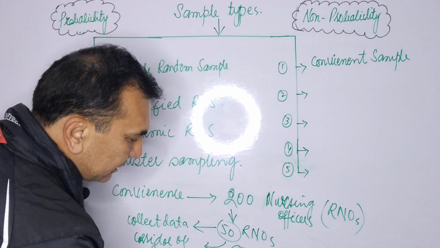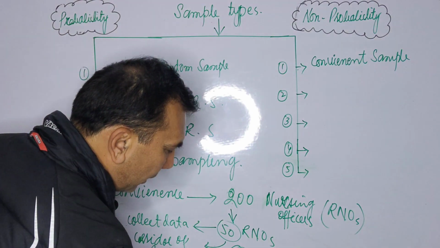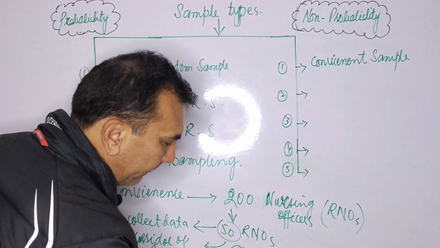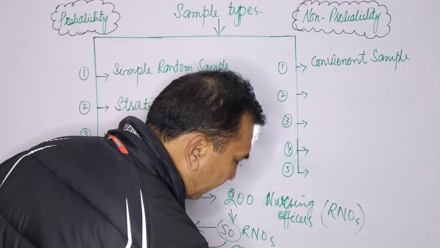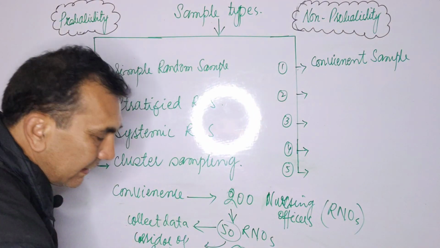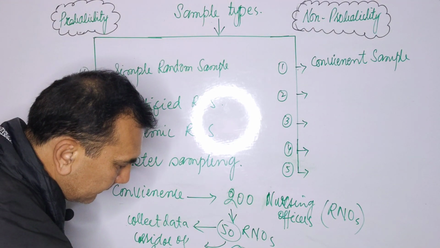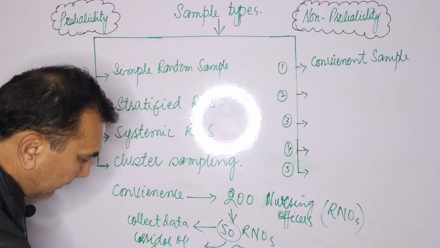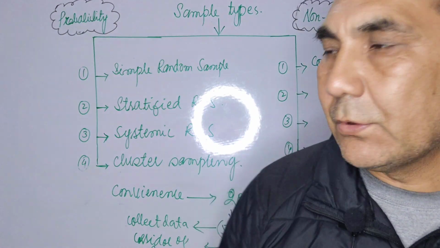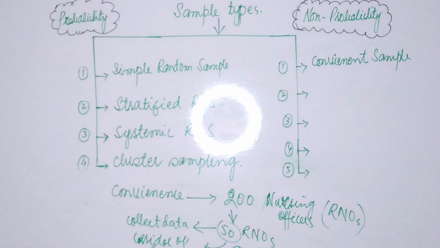Now when he reached the general ward, the medical ward on the first floor, he again faced 100 RNOs, and he collected the information from these RNOs, whom he met at the medical ward on the first floor of the PIMS hospital.